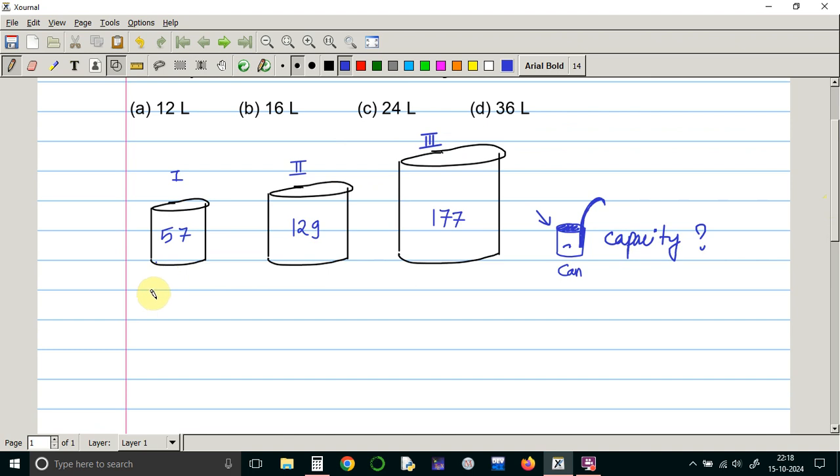Now suppose that with the help of this can I am taking out milk n times from this jar, and after taking n times, there is a small amount of milk remaining in it, which is unmeasured milk in each jar.